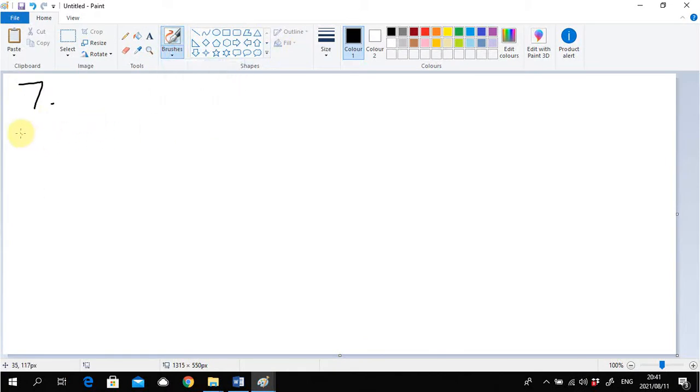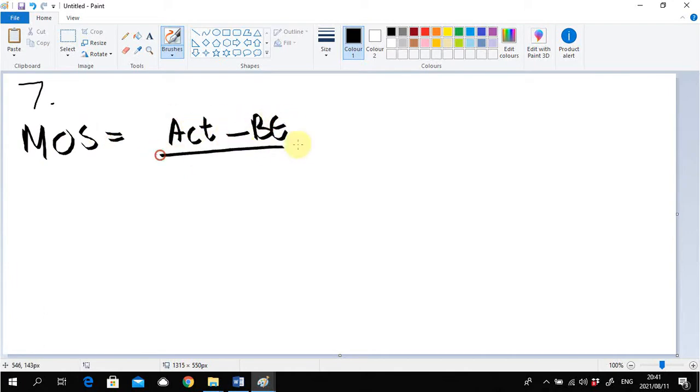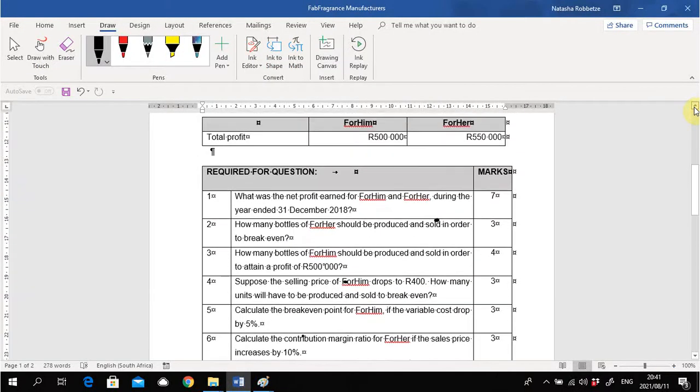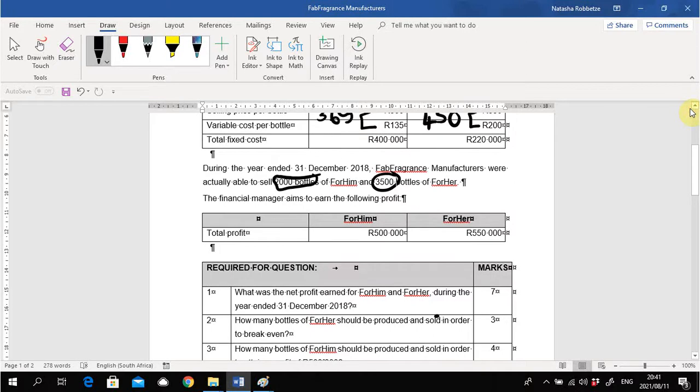Right, then we are still on number 7. The margin of safety we said is actual sales units minus break-even sales units divided by actual. If we want the ratio, we need to times it by 100. For the actual sales units, they have given us that information for him and for her. They said the actual was 2,000 and 3,500.